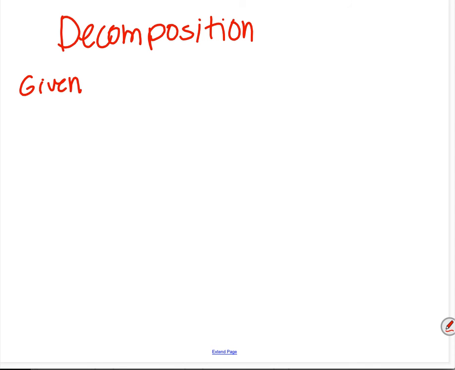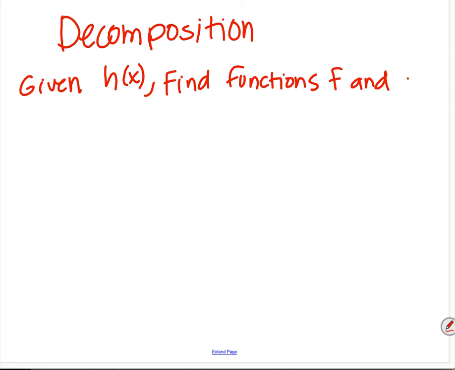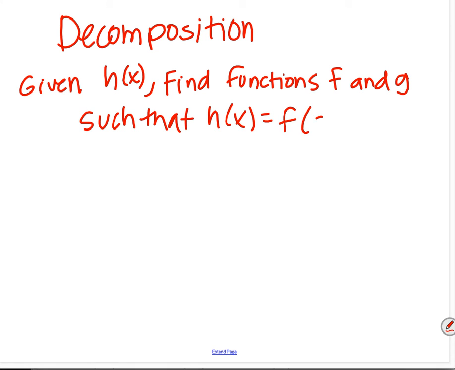Given h of x, find functions f and g such that h of x is equal to f of g of x. So saying that h of x is representing the composition.